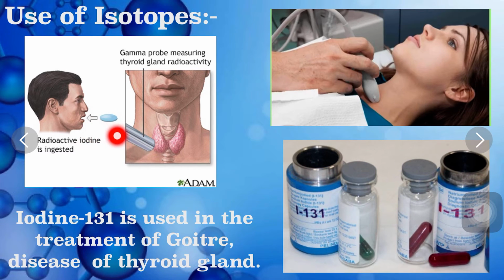And as you can see, the iodine 131 capsule which is ingested for goiter is shown here in the image. And this probe is also used, that means this iodine is used for measuring the goiter as well as treating the disease goiter.